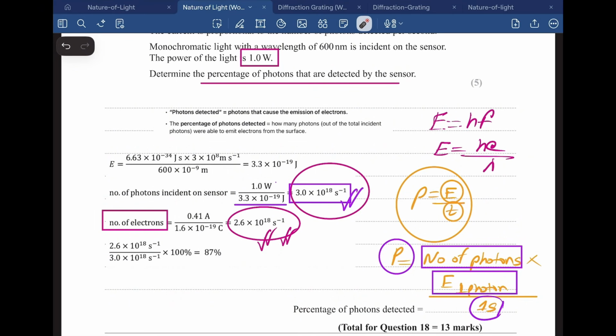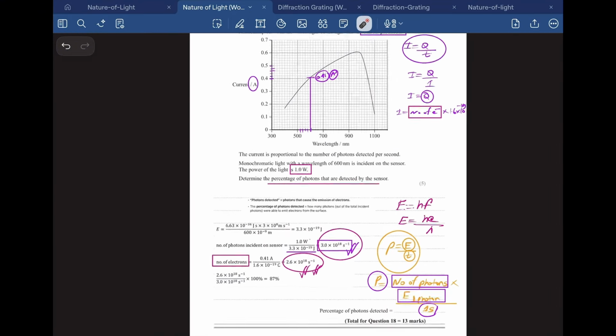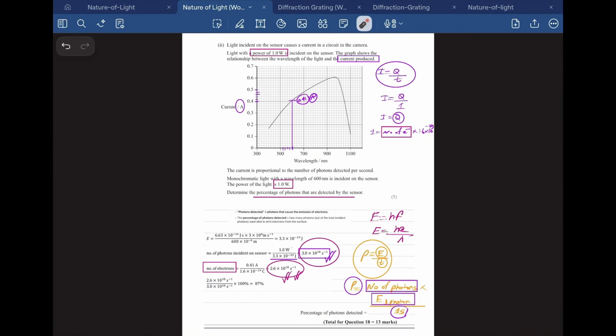Multiplying by 100 will give us a value of 87%. So this is the percentage of photons that are detected by the sensor, because they were able to emit electrons and had energy greater than the work function. Hopefully you guys have understood this very tricky question.